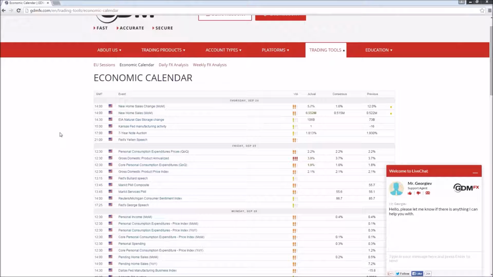If you see moderate volatility, you might be expecting some neutral numbers. If you're expecting high volatility, depending on the direction of the gold price, you can determine whether it's going to be positive or negative.